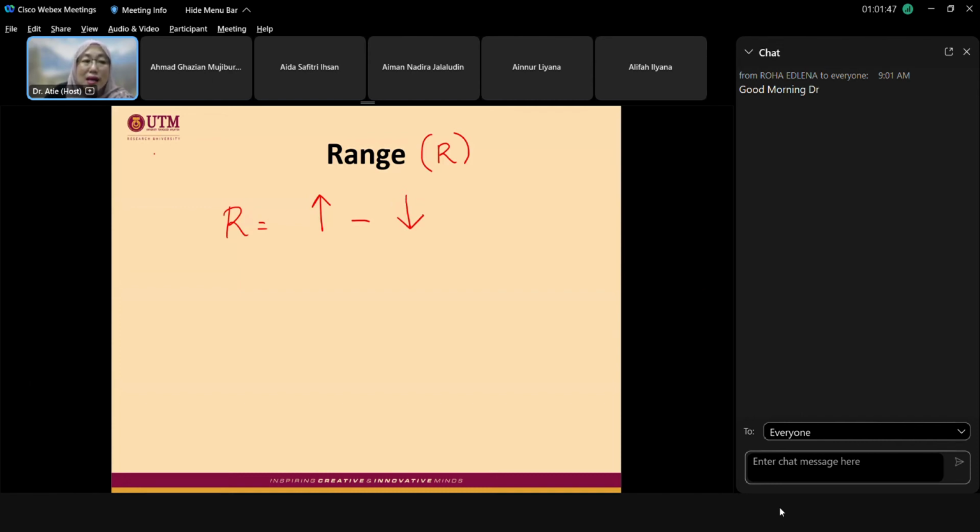Let's say I have 1, 2, 3, 3, 4, for example. Then my range will be 4 minus 1, so the range will be 3. The difference between the highest value and the lowest value is 3. So that's how you calculate R.